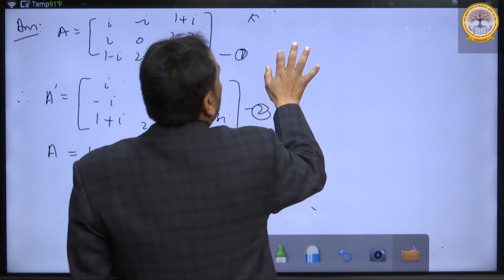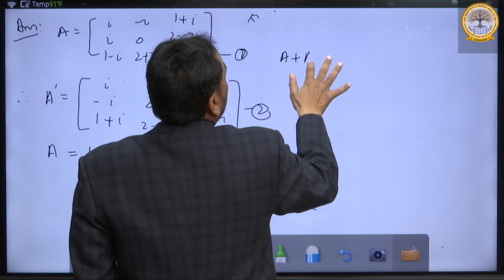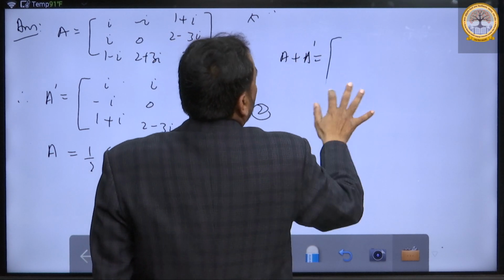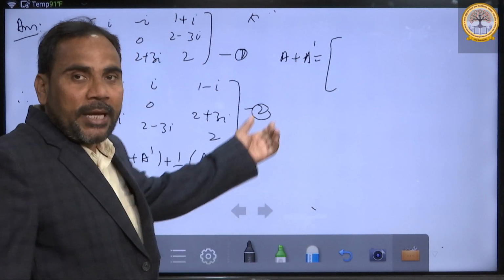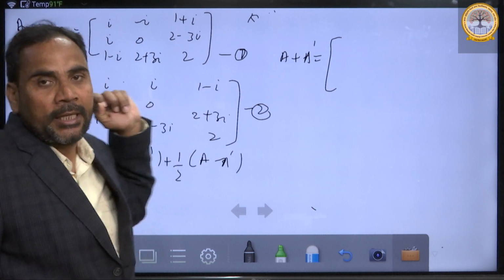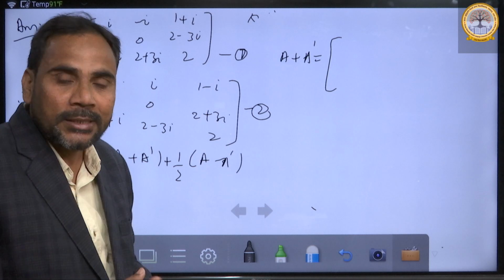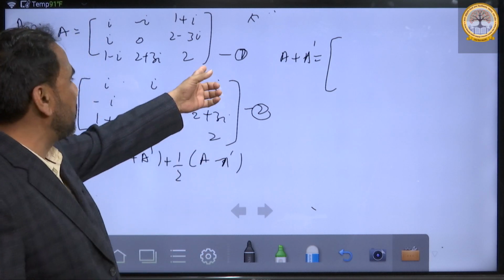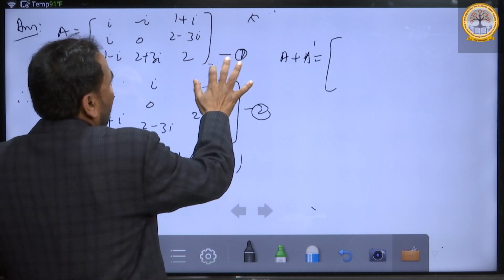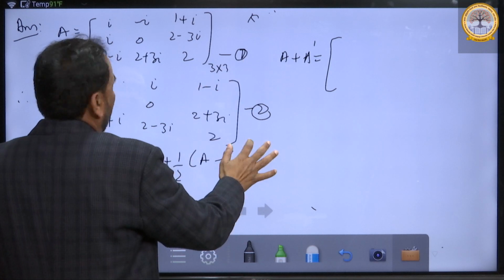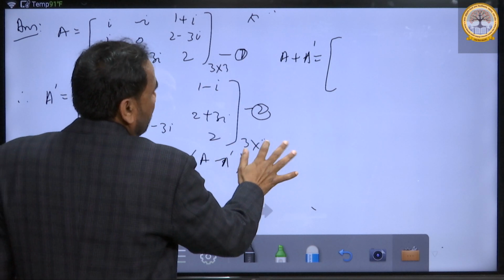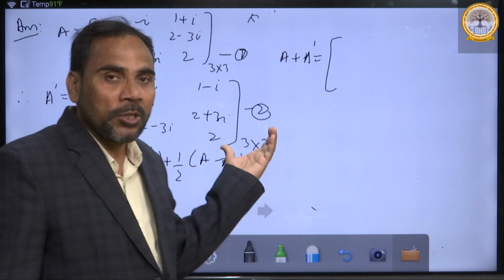So A plus A dash means addition of the matrices. Addition of matrices is only possible when the orders are equal. Here the order of A is 3 cross 3 and A dash is also of order 3 cross 3, so it is possible.